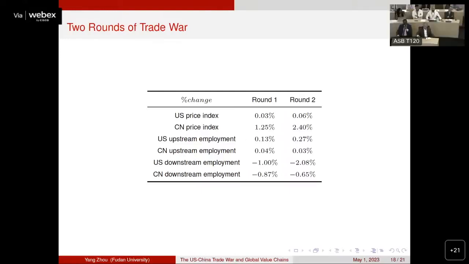Just a curiosity: would your model extrapolate your results beyond 2020, the welfare, the employment, and the impact on prices? If you were to go beyond your study period, is this one-off, or is it going to be perpetuated beyond 2020? You have round one, round two.